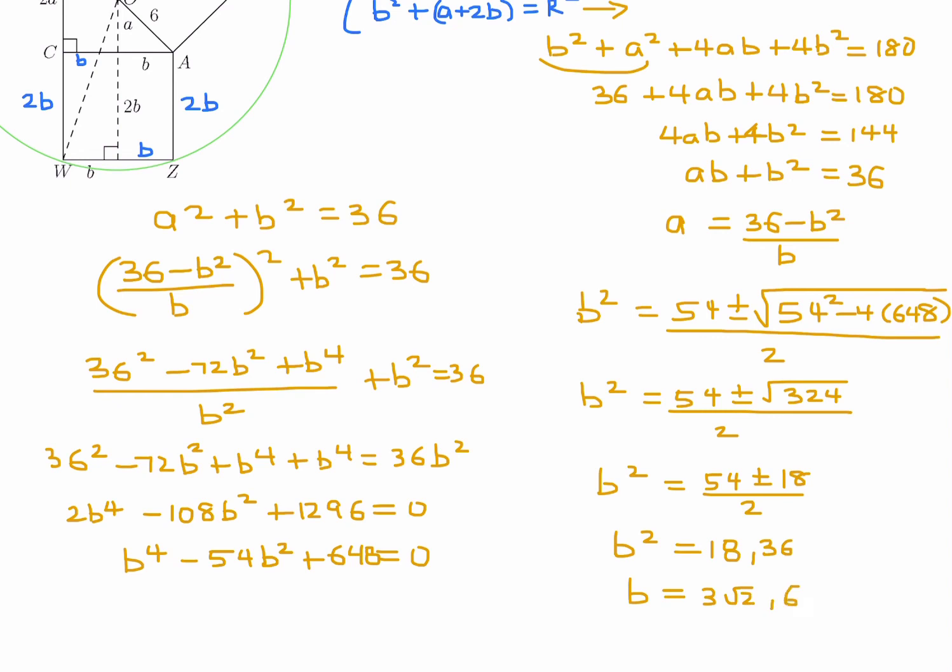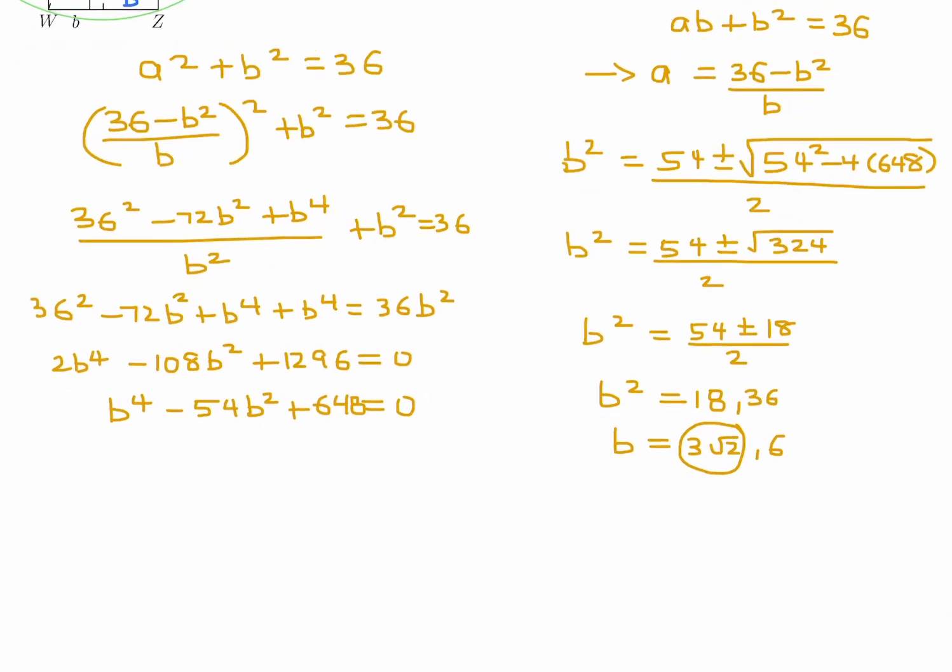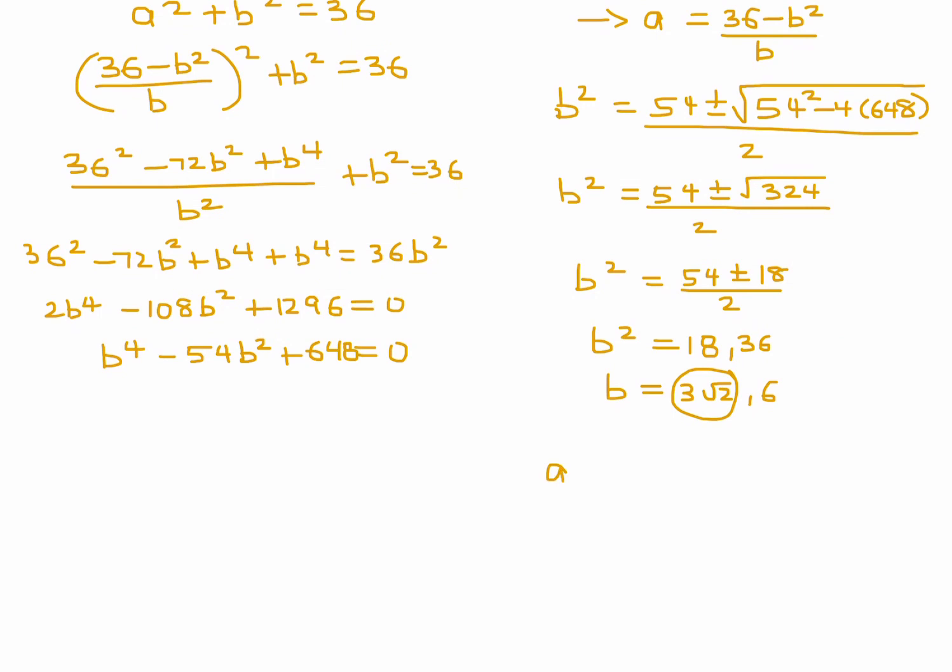And looking back at the diagram, B obviously has to be less than 6, right? Because the hypotenuse is 6. So the only one that's valid is this one. If you substitute this value for B back into A, let's do that. A is 36 minus B squared, which is 18, divided by B, which is 3 root 2.